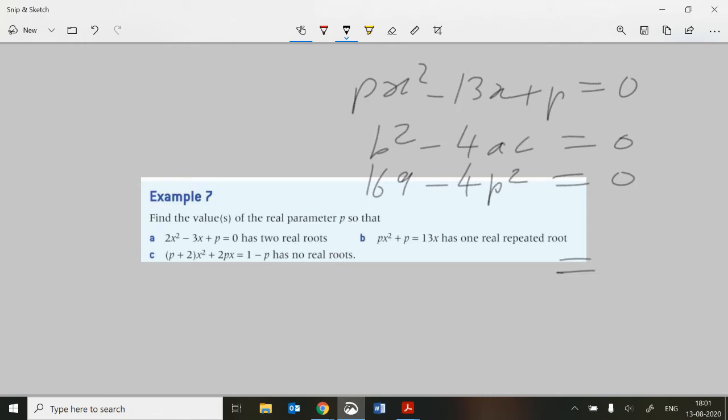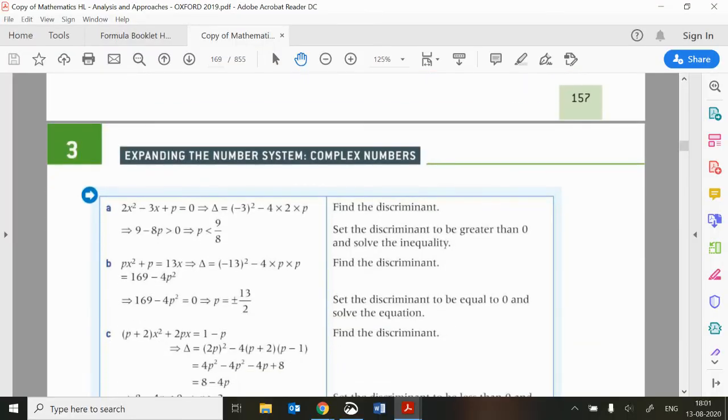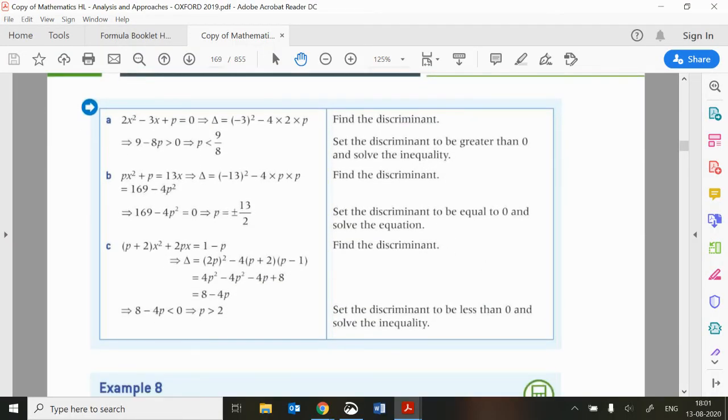It looks like we're going to get a fraction for an answer here, so we've got 169 equals 4p squared. p squared equals 169 over 4, and the solution to this is going to be 13 over 2, or 6.5. Now remember, of course, that when we're square rooting we need a plus or minus, so then we do have two solutions there. We have plus or minus 13 over 2. Again, you can check with the book exactly what they're doing as well.